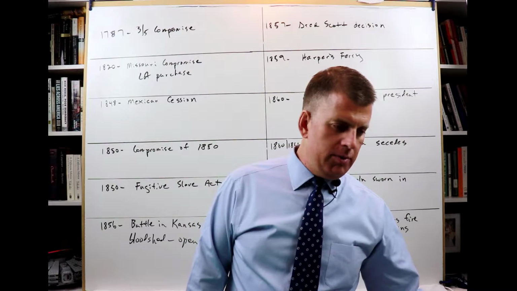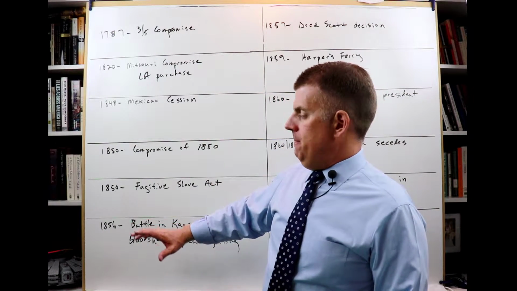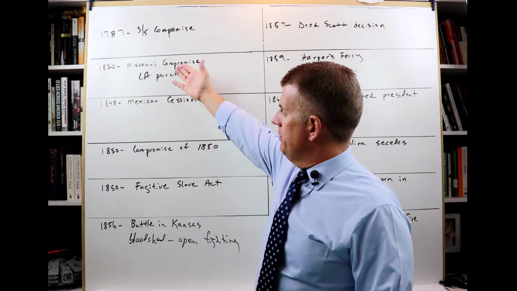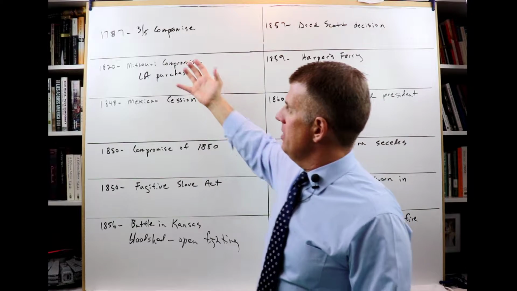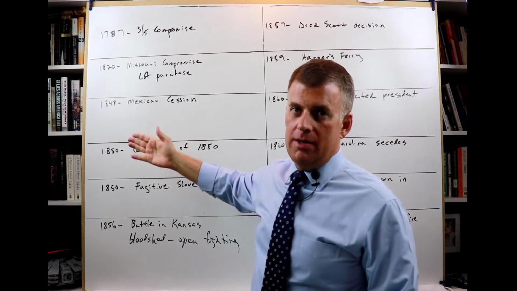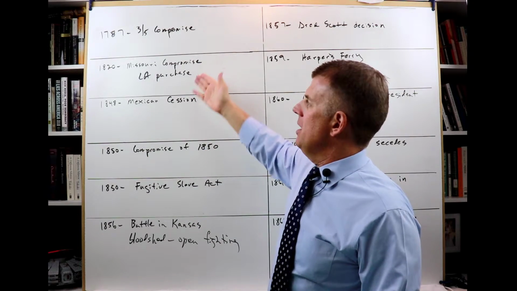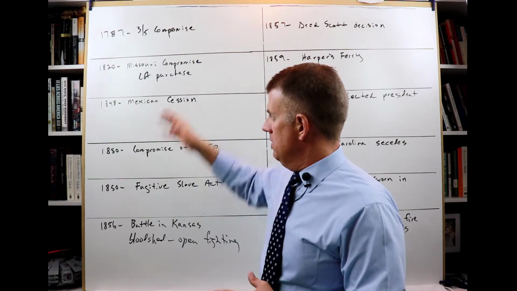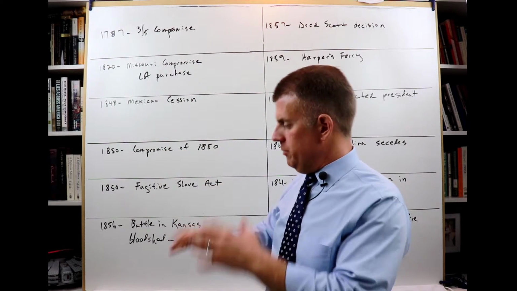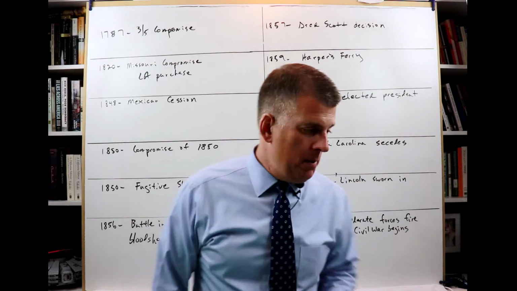Right, about 200 people died here in Kansas. More and more problems. Hopefully you see how these tensions build. This issue of slavery that was not settled in the Constitution keeps getting kicked down the road. Missouri Compromise, just we'll deal with slavery later. Compromise of 1850, we'll deal with it later. Well, here we get to 1856 and we have bloodshed.